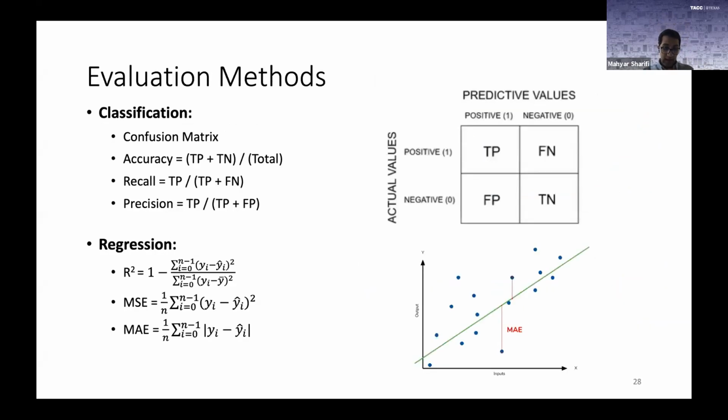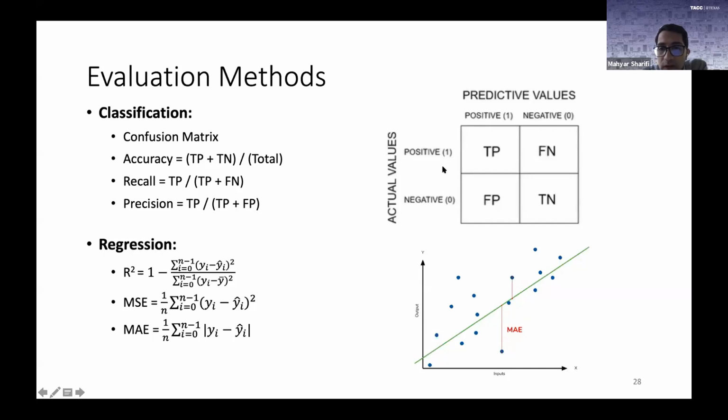So with that, we need to evaluate the performance of our models. Depending on the nature of our models, we have different methods of evaluation. If it is a classification problem, our model will be evaluated based off of what we call a confusion matrix. A confusion matrix looks like this for a binary classification.